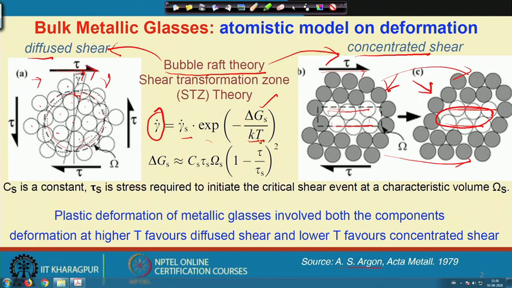Now, we need to learn something from here. We are talking about the shear strain, and a shear strain rate is generated during a very short time in a very localized way.